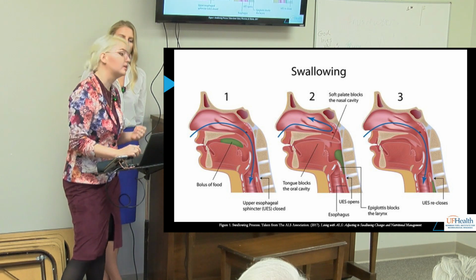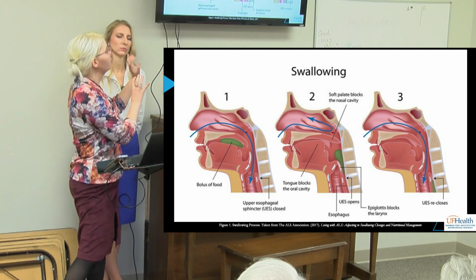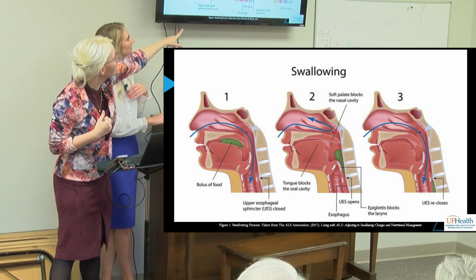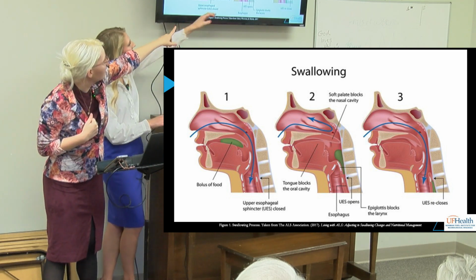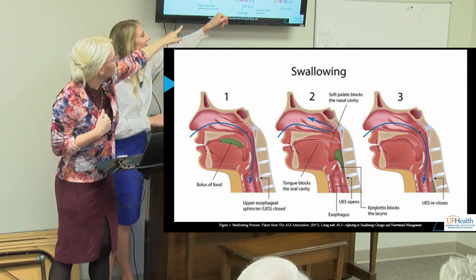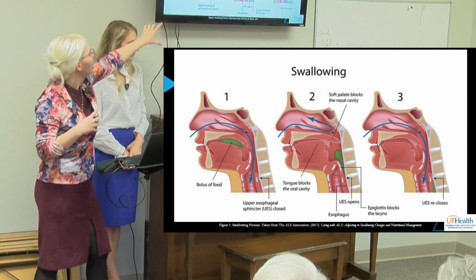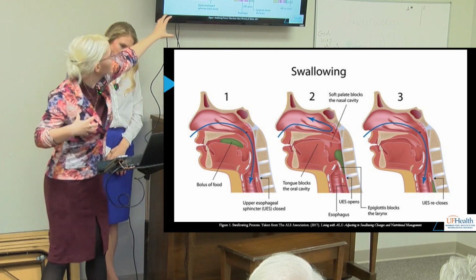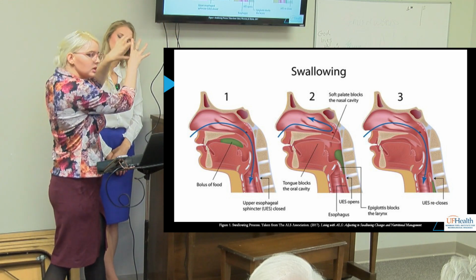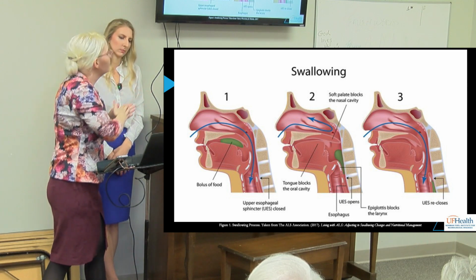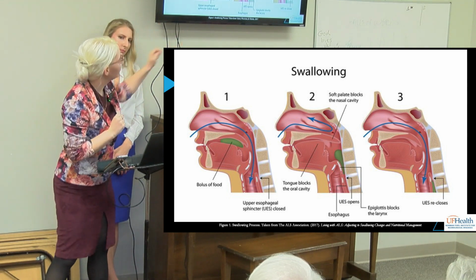And we're in the pharyngeal phase now. The pharynx is your throat. If we see the green blob of avocado, as I'm calling it, it is in the back of your throat now. So the base of the tongue, this big structure in your mouth, is going to meet with the muscles of the back of your throat, and they're going to squeeze the food down to your esophagus.